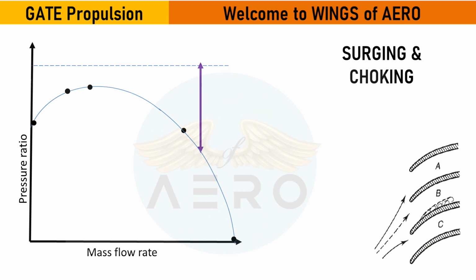Surging is a phenomenon which is caused by unsteady flow, periodic flow, where there is some change in flow with respect to time, also called stalling. You know what reverse flow is, which leads to adverse pressure gradient.